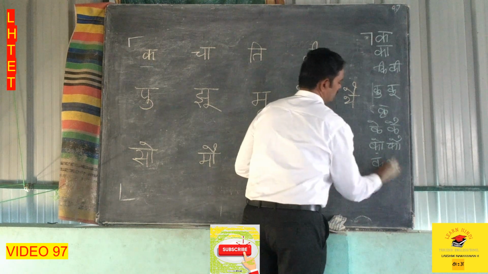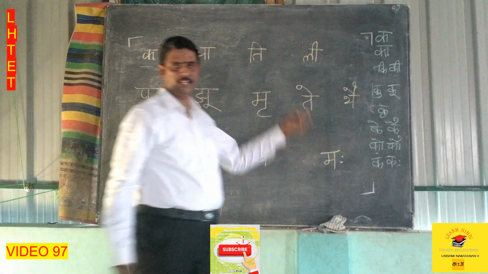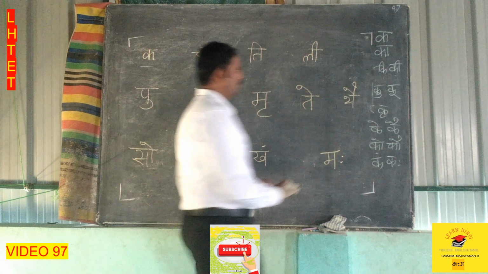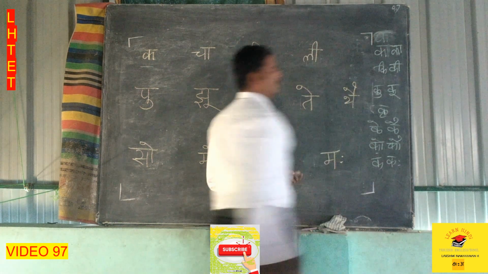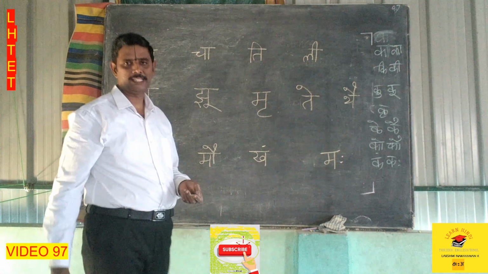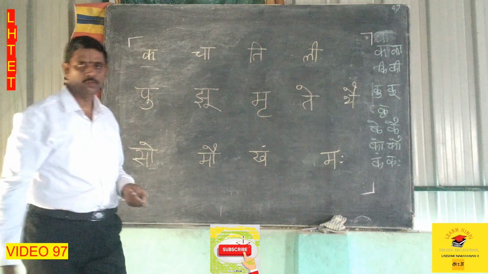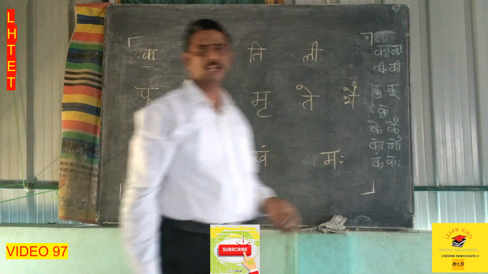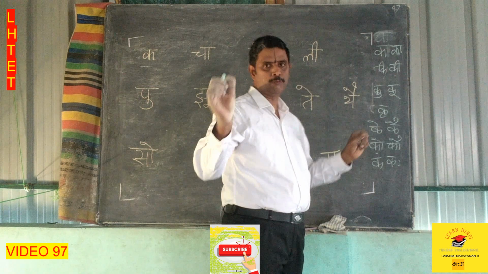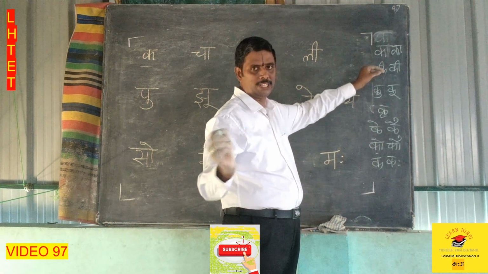This one I am going to erase afterwards. Just for your understanding I am writing. There is a band of matras: ka, one matra, ki, another matra, ku, then only one letter kru, then ke, kai, ko, kau, kam, kaha. I am going to take one example for each.